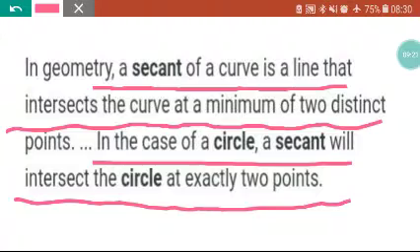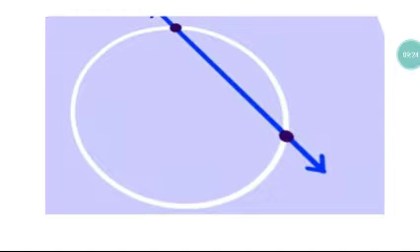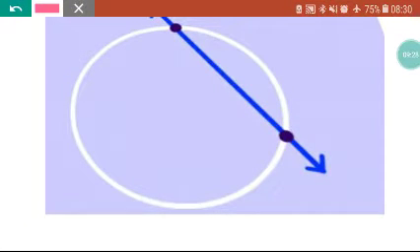From this figure you will understand this nicely. This is called a secant. See, this straight line is passing through, intersecting the circle at two points. So this whole blue line is called a secant. That is very important in the case of segments. Sometimes we use the secant there.